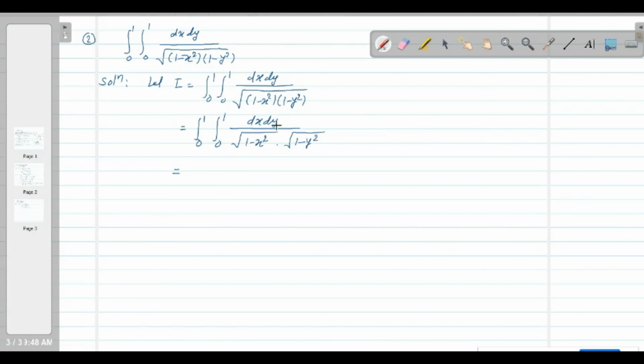So we evaluate with respect to y first. So this is 0 to 1, 0 to 1, and dx with respect to y first.